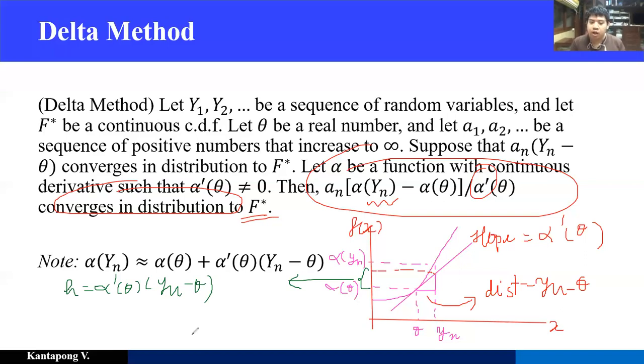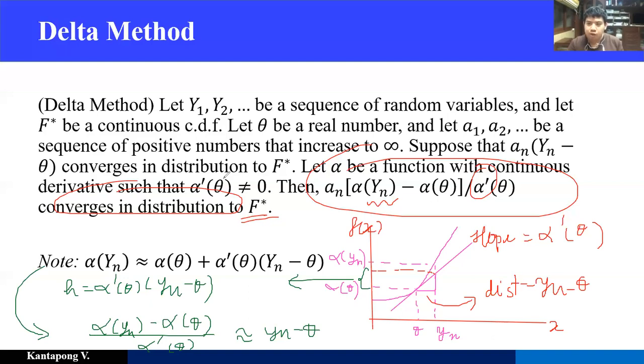And the idea here is that if you want to convert to some familiar looking distribution, we just find g of Yn minus g of theta divided by g prime of theta. So it is approximately Yn minus theta, right?